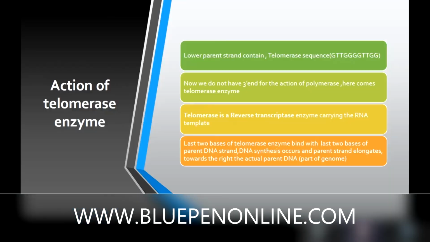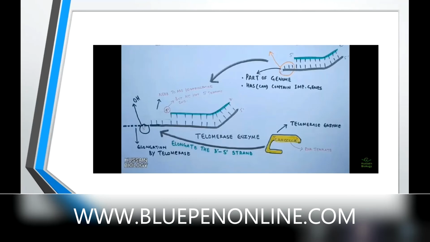You can see this telomerase enzyme, and the lower parent strand contains the telomere sequence. This diagram explains the telomerase enzyme. The telomerase enzyme enters the hanging part and attaches to it, and elongation by telomerase occurs.